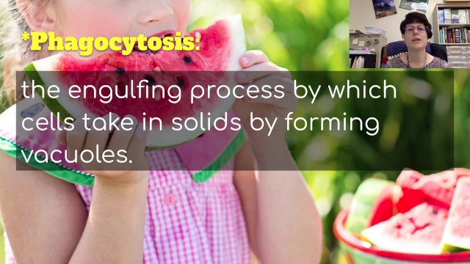And they actually do engulf that entire food molecule, whatever they are eating. Okay, or perhaps it's a bacteria cell, whatever they are eating, they will totally surround. And so phagocytosis is cellular eating.